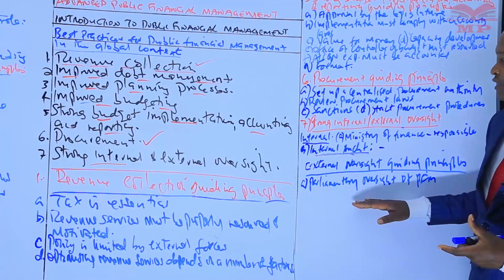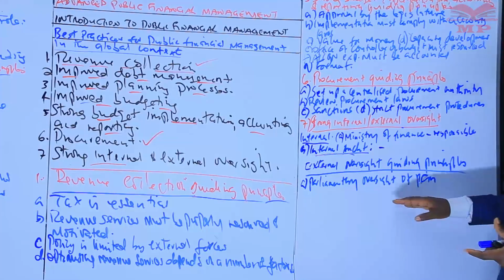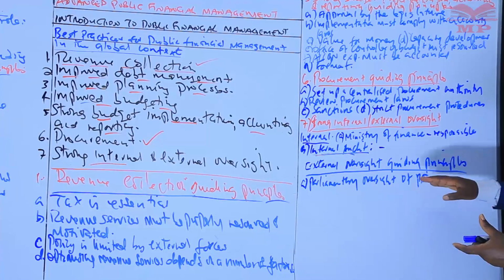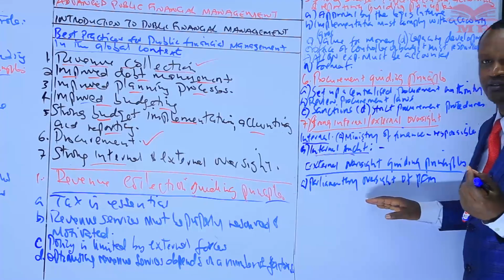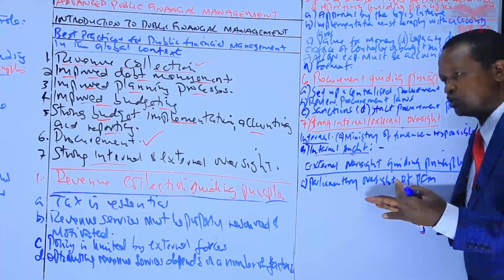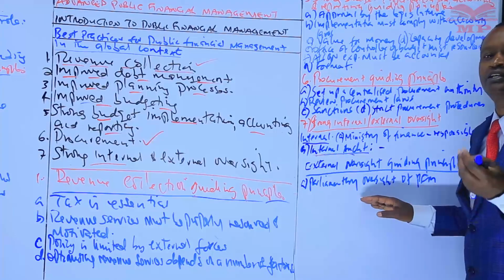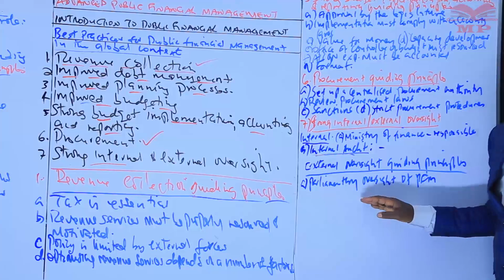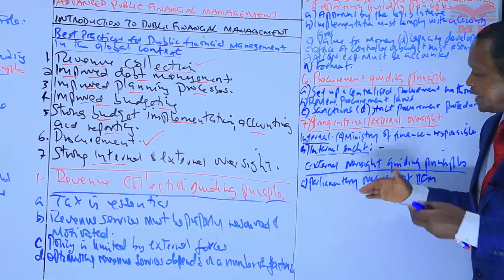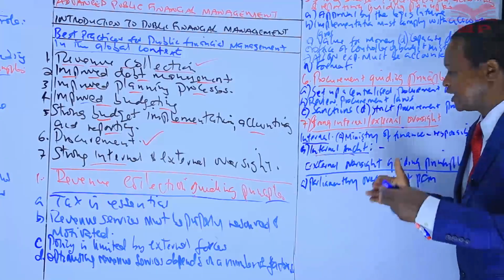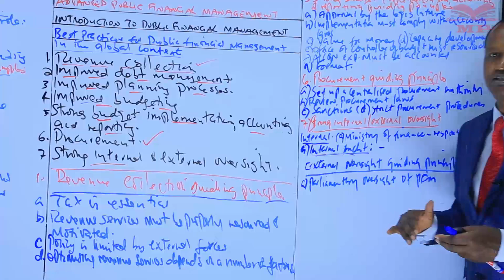So a guiding principle here is that this parliament that is to oversight public financial management issues, number one, has to be independent. Number two, it ought to be adequately resourced. Number three, it should have members who are knowledgeable in public financial management matters.